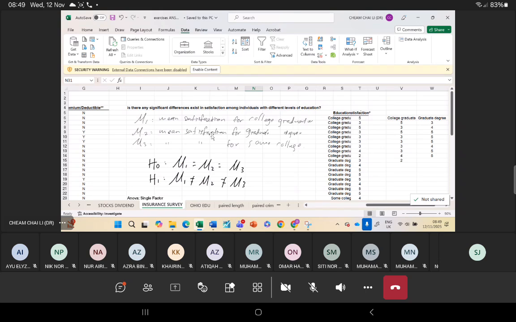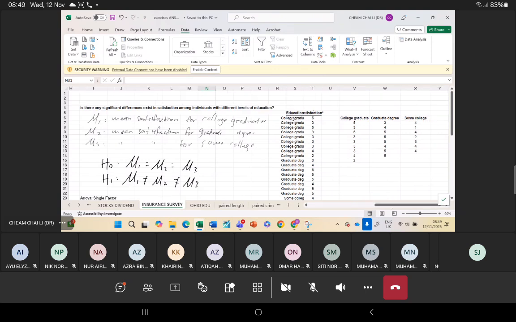Like I mentioned, satisfaction is the mean you want to look for, but satisfaction is numerical values. So you need to rearrange, like before, the education. There are three education levels: college graduate, college degree, and degree, with satisfaction in numerical values.